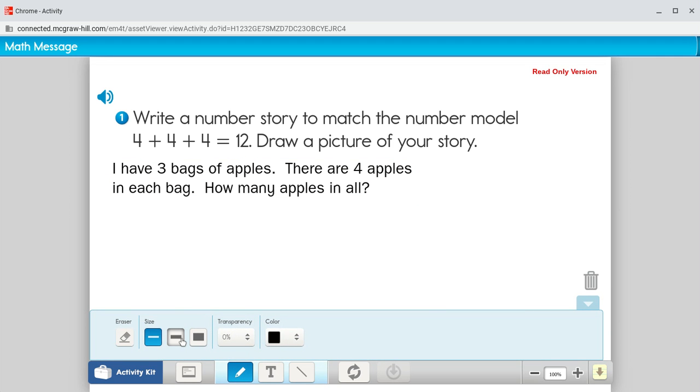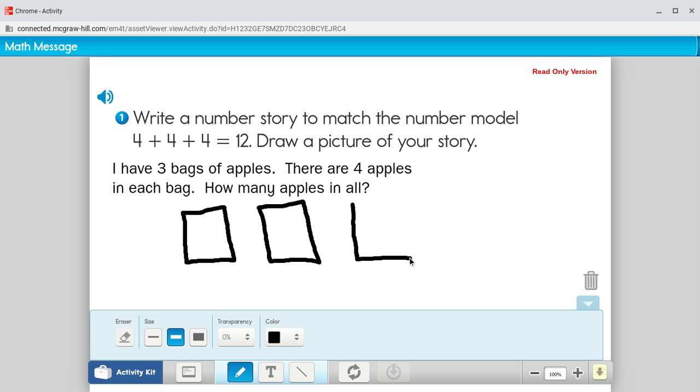And while I'm doing this, I want for you to start thinking of what your number story is going to be. Okay. You have 3 boxes or bags or containers or cans, whatever it is that you want to come up with. And you have 4, whatever object it is, in each one.